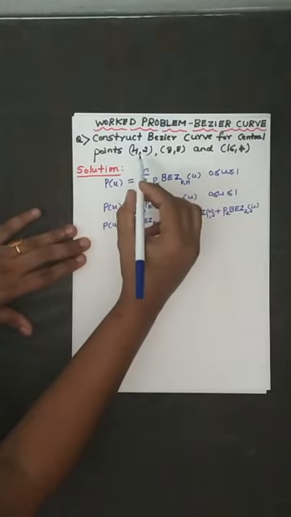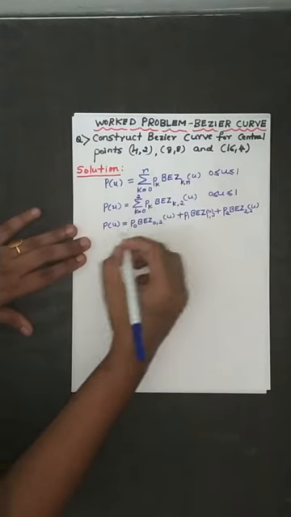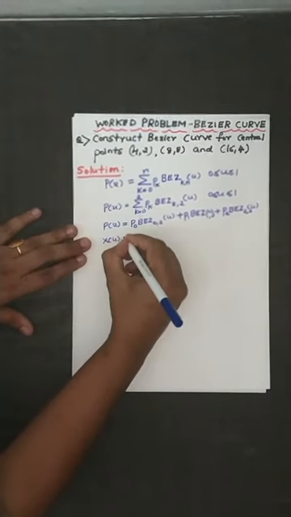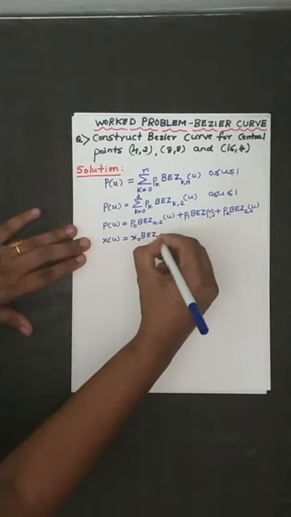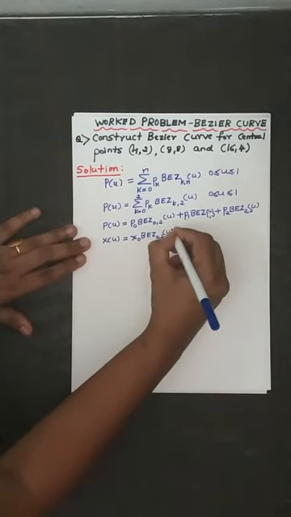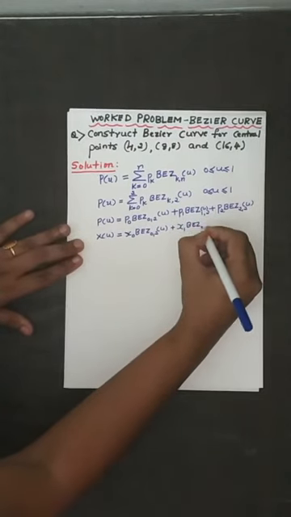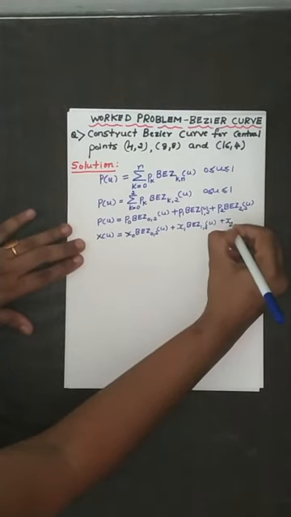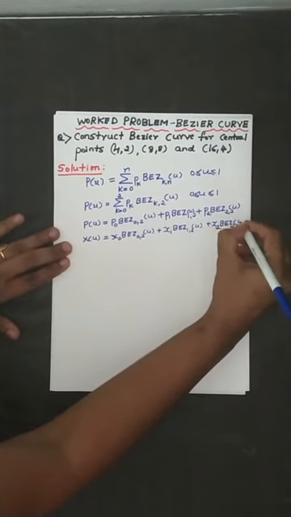Now if you consider any point, the points are represented in terms of x and y. So the equation also we will write in terms of x and y. So expand it. X of u is x0 Bezier 0, 2 of u plus x1 Bezier 1, 2 plus x2 Bezier 2, 2 of u.